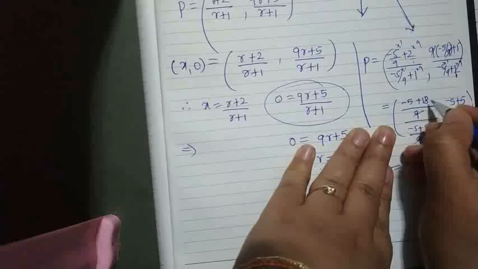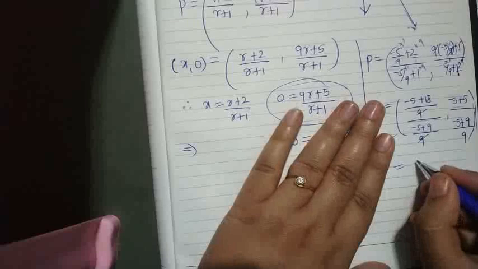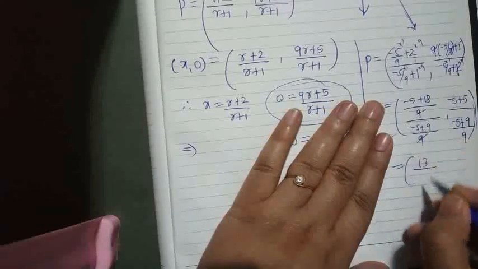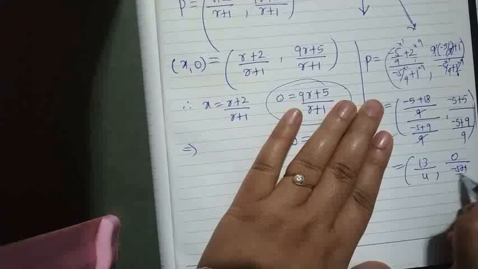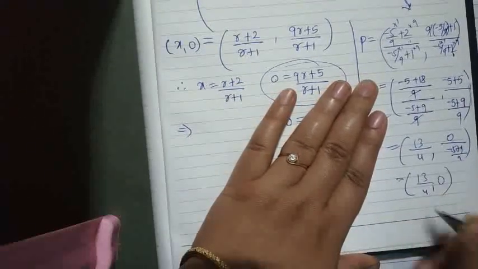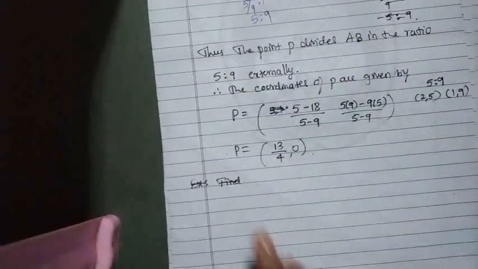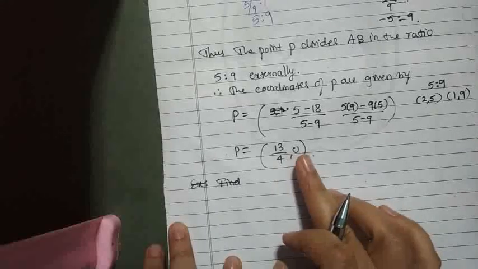Simplifying, minus 5 plus 18 is 13, and 9 minus 5 is 4, and 0 by anything is 0. Therefore, the coordinates of point P is 13 by 4, 0.